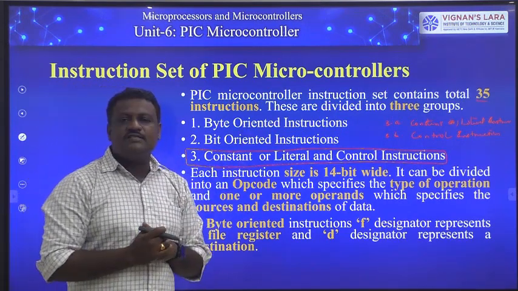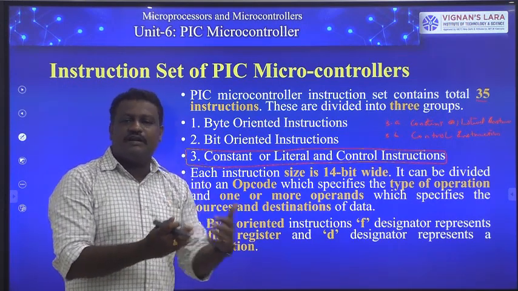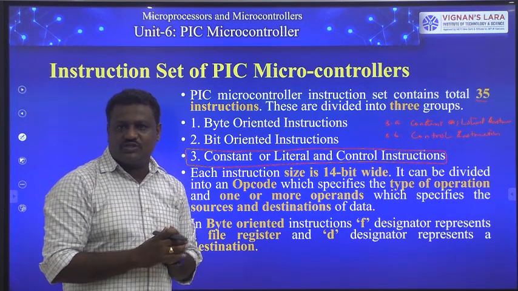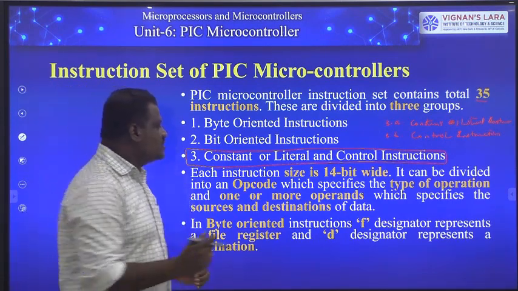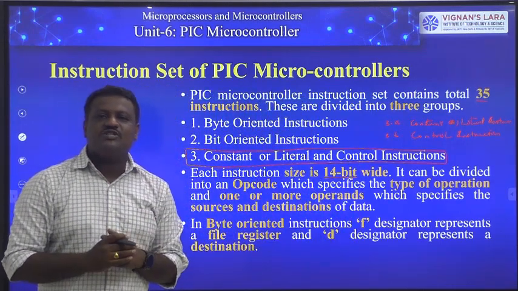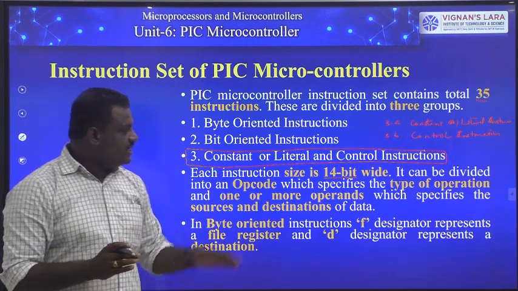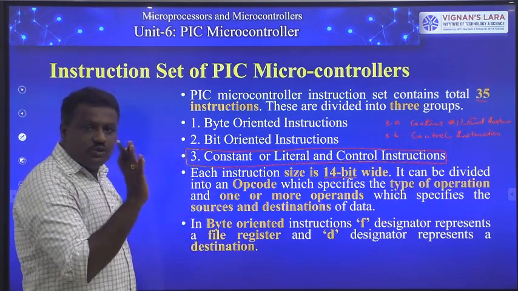Before discussing these instructions one by one, I would like to discuss some points regarding them. My first point is that each and every instruction size is 14 bits. That 14-bit instruction is divided into 2 different fields.